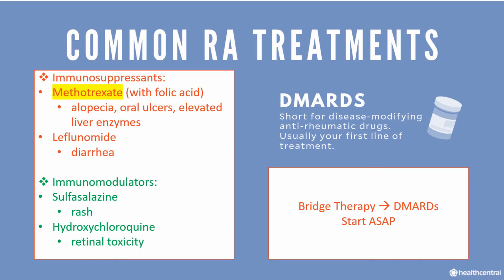So you can start with methotrexate or leflunomide or sulfasalazine or hydroxychloroquine. Methotrexate is the most commonly used rheumatoid arthritis treatment. It can cause alopecia or oral ulcers or elevated liver enzymes as a side effect. So it has to be taken with folic acid to prevent alopecia and oral ulcers.